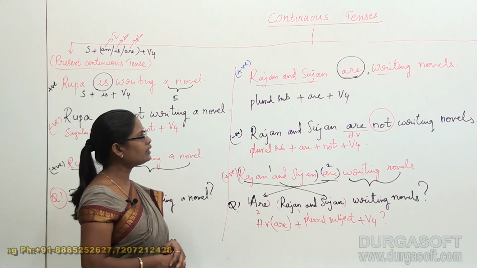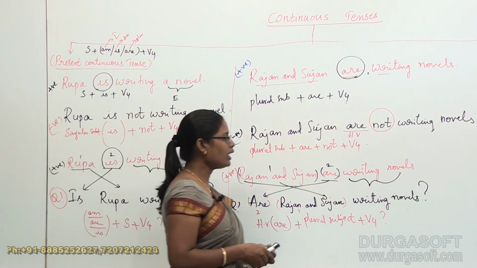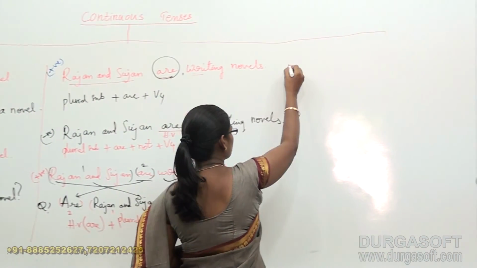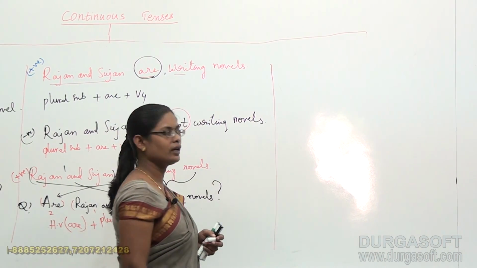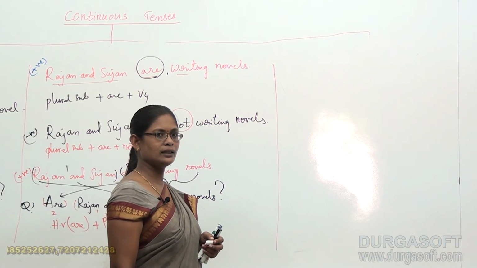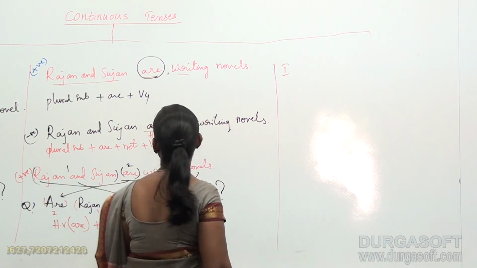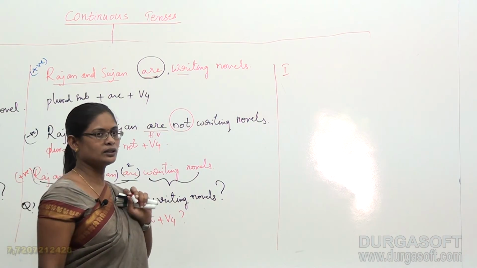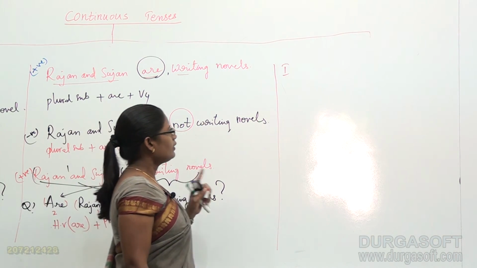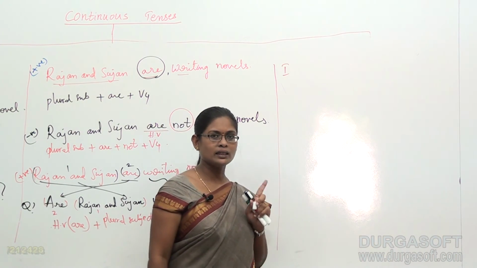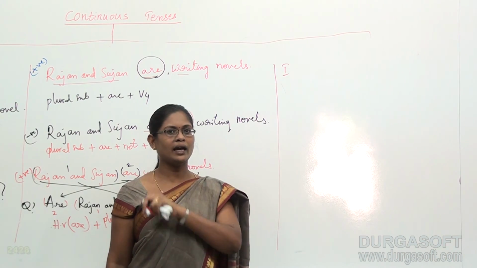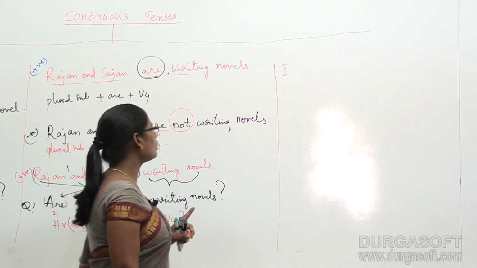Now I would like to introduce one more area, that is with I. I am going to take one more subject, that is I. Now I started my example with I in the same present continuous tense. If you are constructing a sentence in a continuous tense with the subject I, what has to follow I?